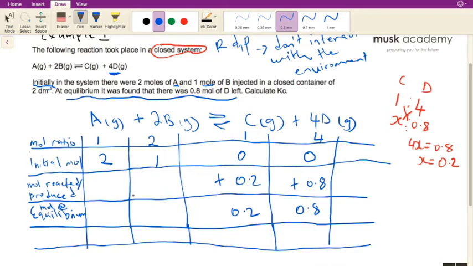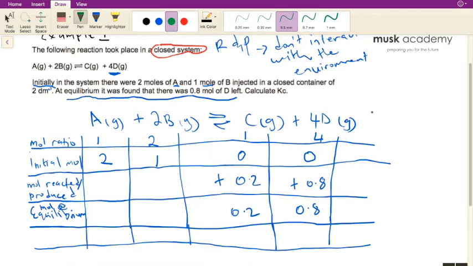And then you go to the moles reacted. You use the same stoichiometric molar ratios to find the moles of B and A that have reacted. Let's create some room here. Maybe I'll use a different color, green maybe.